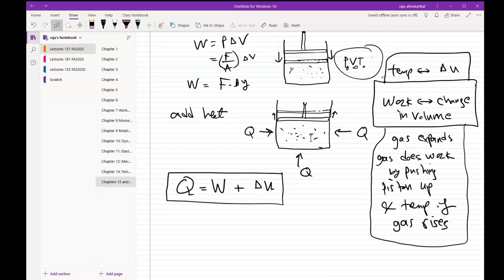So the total amount of heat added, part of it went for doing work and the other part increased the temperature. Okay, and guess what? This is the statement of the first law of thermodynamics.